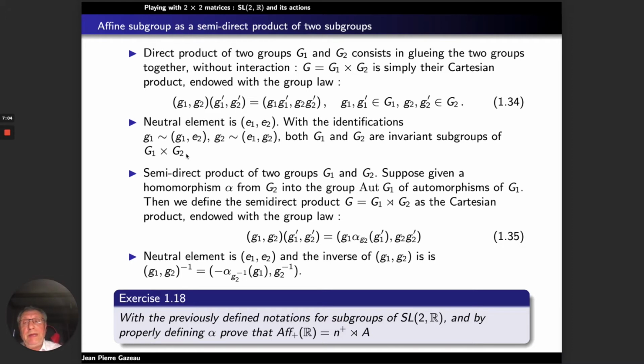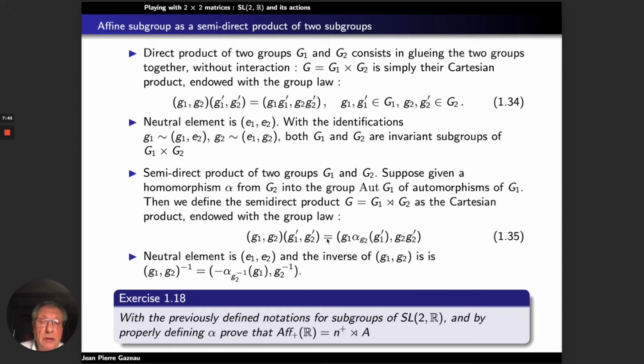Now, what is the semi-direct product of two groups, G1 and G2? Suppose given a homomorphism alpha from G2 into the group of automorphisms of G1, then we define the semi-direct product G1 semi-direct product G2 as a Cartesian product endowed with the group law now, which is not the same, of course, of this one, (G1, G2) times (G1 prime, G2 prime).